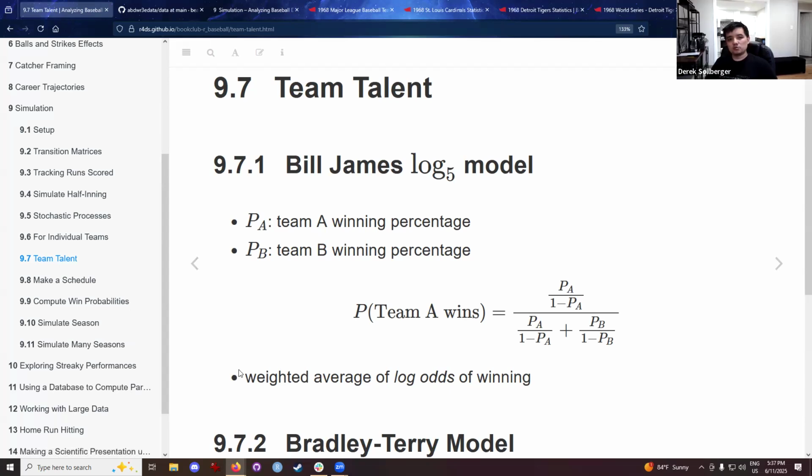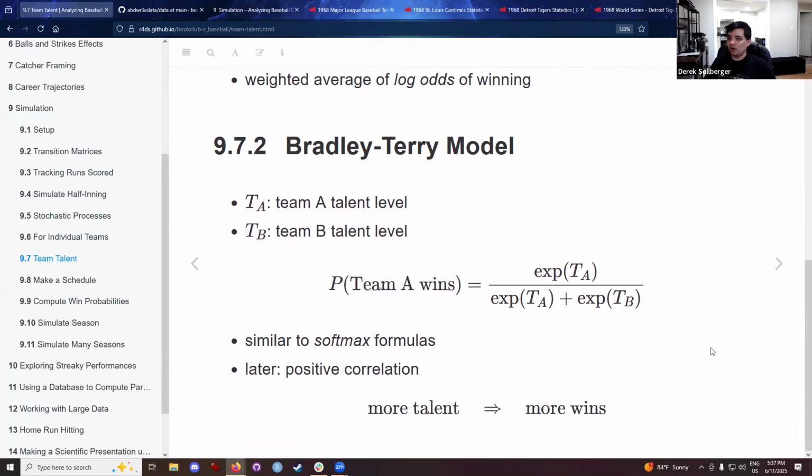However, you might have a situation where you do not necessarily want to plug in team winning percentages. For example, if you're following the current baseball season, you know that Baltimore and Atlanta are arguably underperforming, and you have a hunch that they have more talent on the team than what they are achieving on the field. So the Bradley-Terry model, which has been applied to various sports statistics, does a similar calculation, but now the inputs are more nebulous concepts called team talent for teams A and B. We're taking the exponential to counter the log of the log odds.